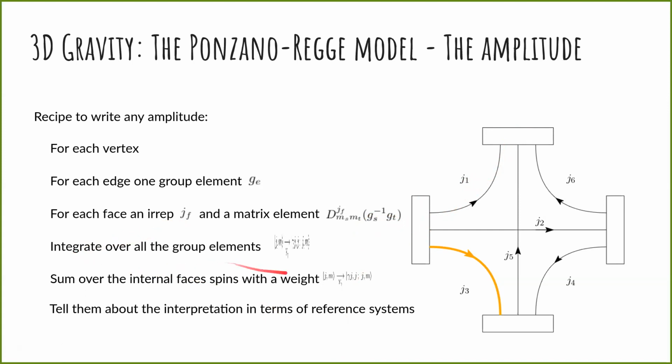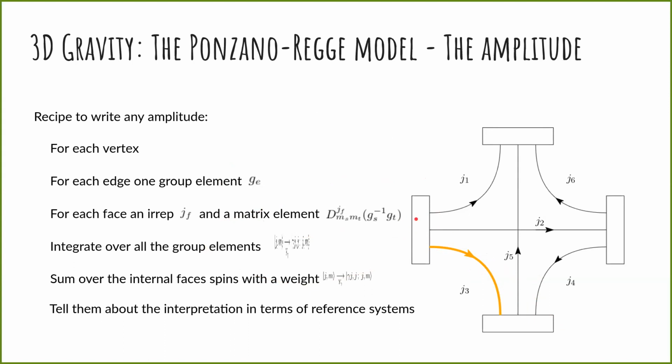Then you integrate over all the group elements. You sum over the internal phases with a weight that here unfortunately disappeared. I'm really sorry, but it's just the dimension of the representation. And this is for me to remember to tell you about this interpretation, because it's the one that I like the most. What the vertex amplitude is telling you is just how to move from one reference system to the other.